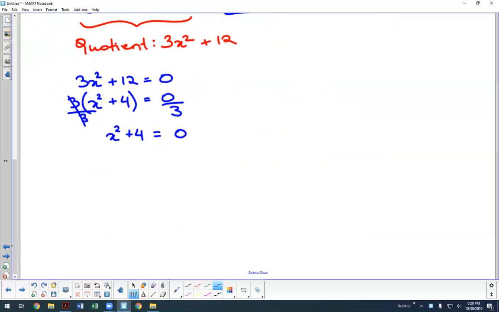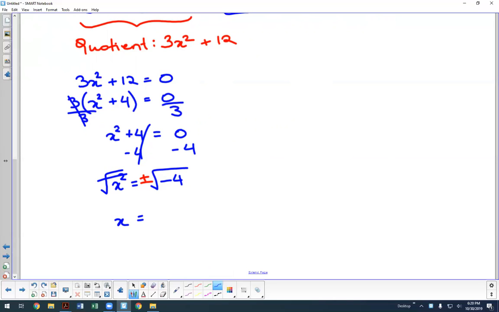Now what can we do to get the x by itself? Subtract 4. Now what? Square root. Very nice. Square root both sides. And remember, anytime you bring a square root, you should have one positive and one negative root. These guys cancel out, giving us just the x by itself.